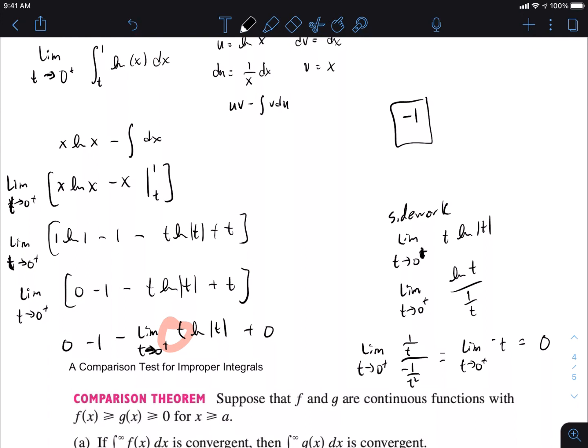And since it's negative 1, what do we know? It's convergent. Are we good? Yes. Okay. Now I'm going to show you one more example.